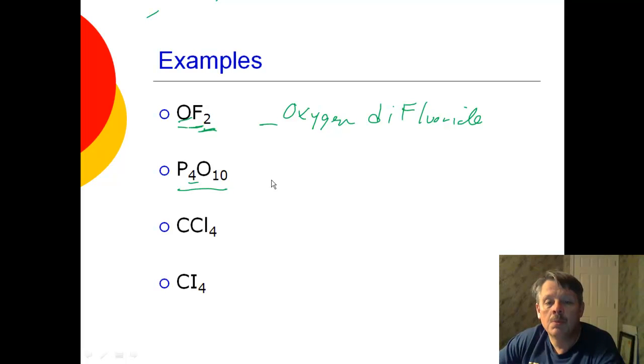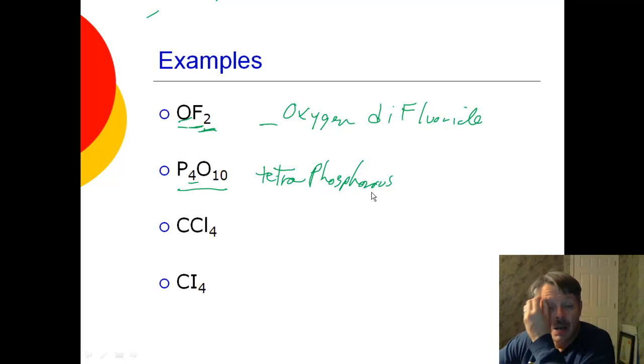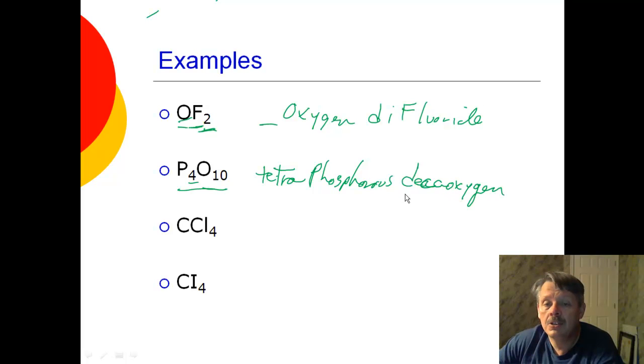Well, the 4 means tetra. And you'll notice I am putting a prefix in front of phosphorus. And I'm doing that because it's not 1. And now how about oxygen? Well, there are 10 of those. So that's deca. Yeah. So it's tetraphosphorus decaoxygen.